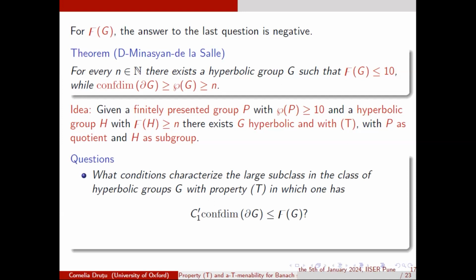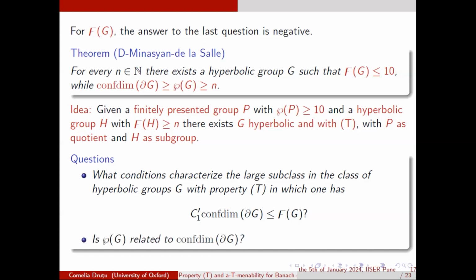So for random groups, on the contrary, we know that f of G is comparable with the conformal dimension of the boundary, and it is comparable with p of G. One would say that most of the hyperbolic groups will have f of G comparable to p of G and the conformal dimension of the boundary. And the question is what condition to put under which we do have such an inequality. Because, as I said, generic hyperbolic groups do have it. And this is not a generic construction. It's a very distorted construction.